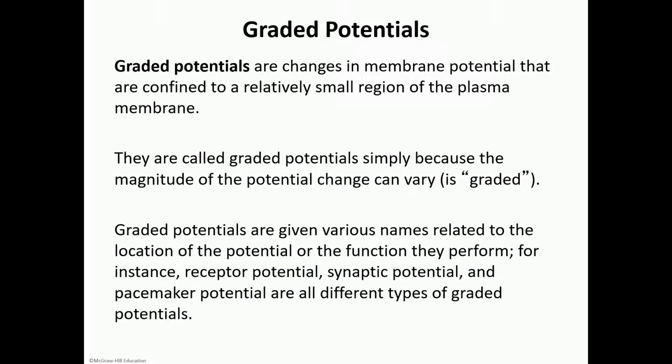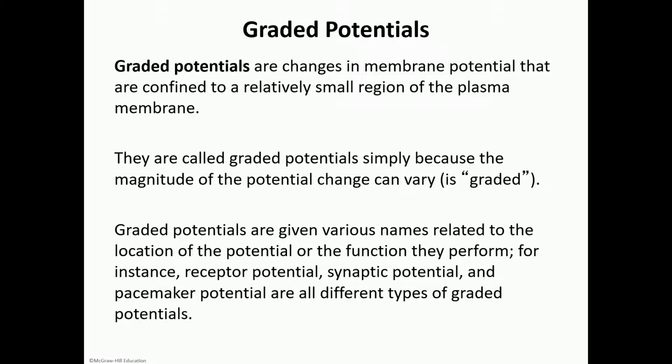Now, really important are graded potentials. An action potential is when a nerve is going to propagate or take that message, that electricity, down to wherever it needs to go.